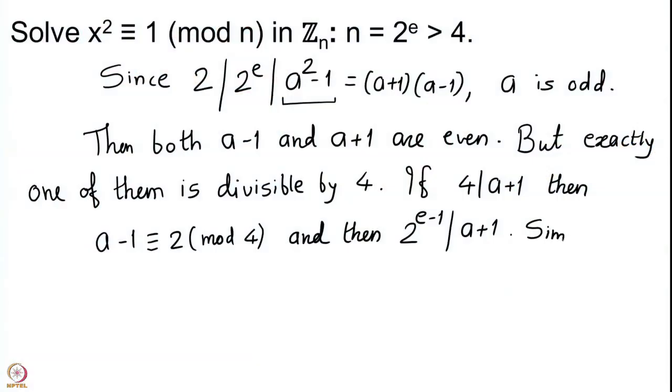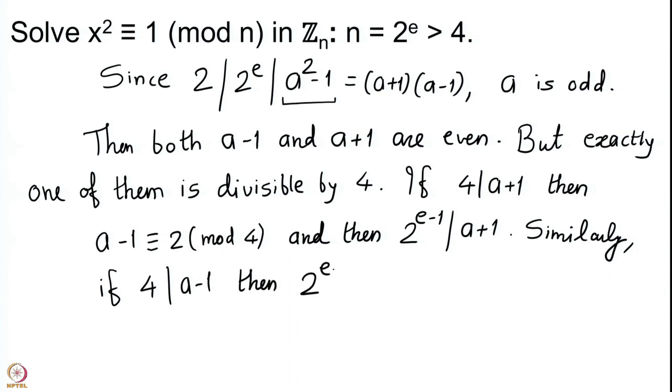So, higher powers of 2 cannot divide. So, all the other factors of 2 will collect themselves and go and divide a plus 1. Similarly, if we have the other case that 4 divides a minus 1, then 2 power e minus 1 will have to divide a minus 1 and a plus 1 in this case is congruent to 2 mod 4.